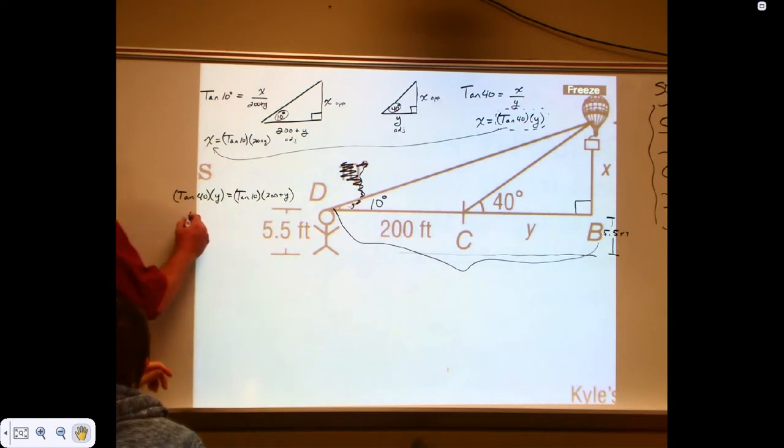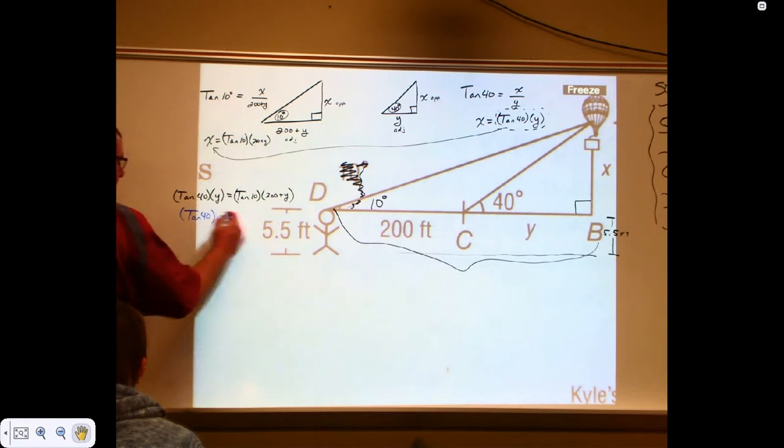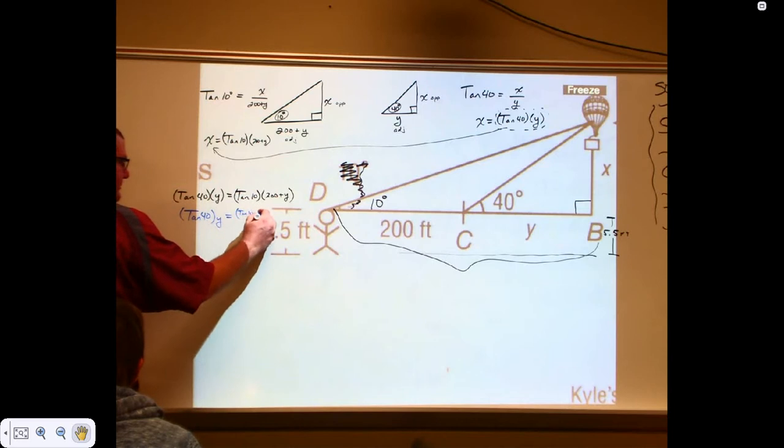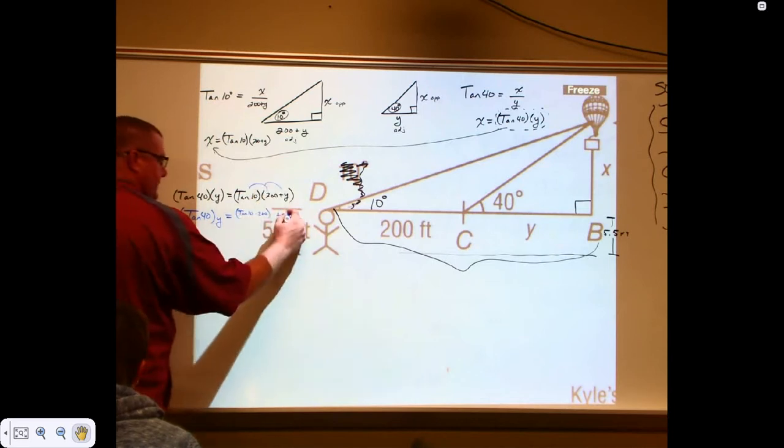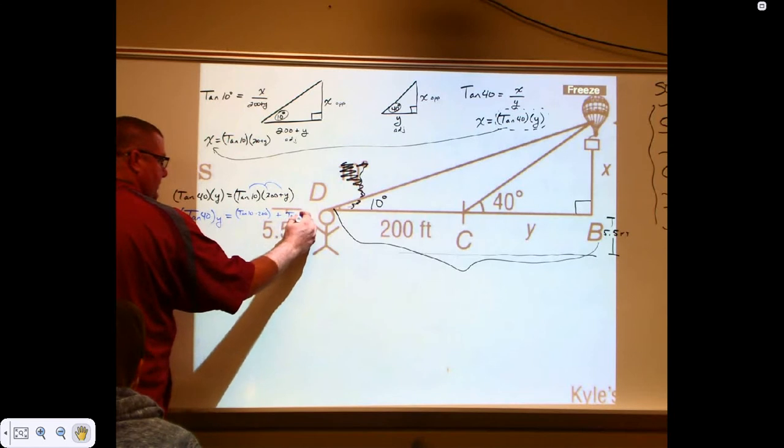So I'm just going to clean this up by writing it as tangent 40 y is equal to, what would be on the other side? Tangent of 10 degrees times 200, right? I need to distribute times tangent 10 what?